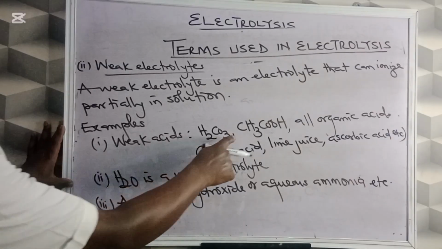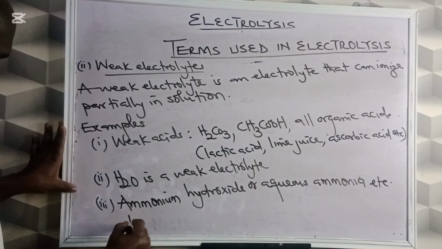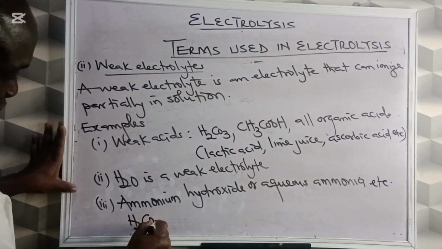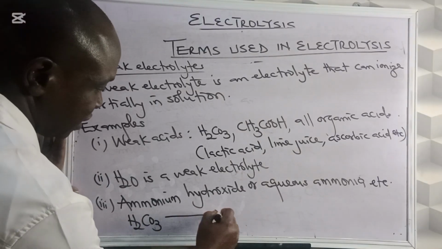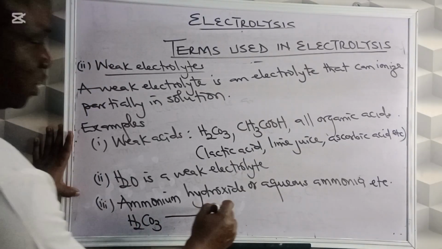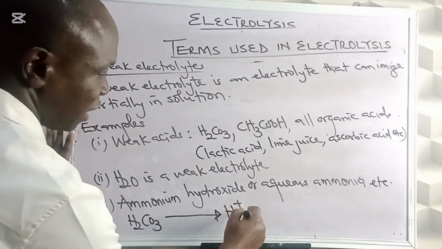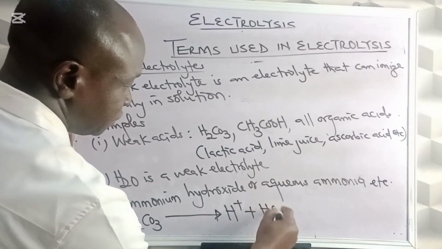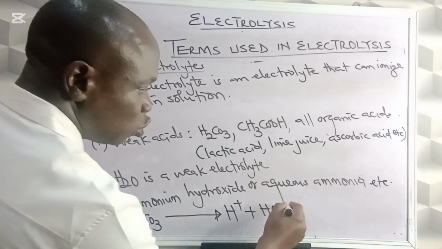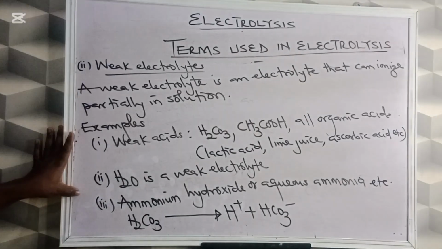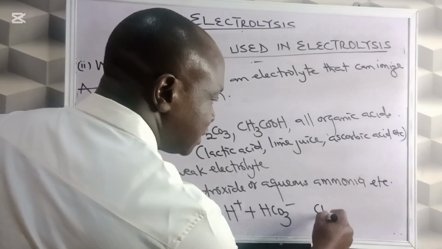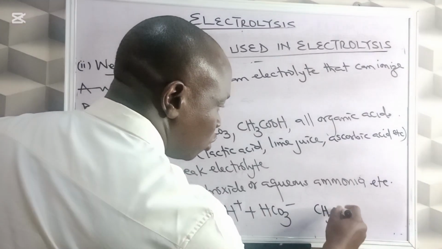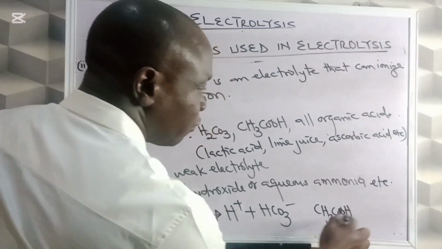So let's see what they mean by ionization. H2CO3 is a weak acid. It has 2 atoms of hydrogen here, but when it ionizes, it only releases 1 hydrogen ion, instead of releasing the 2, because it is weak. That is ionization. Likewise, CH3COOH. How many hydrogen atoms? 4.